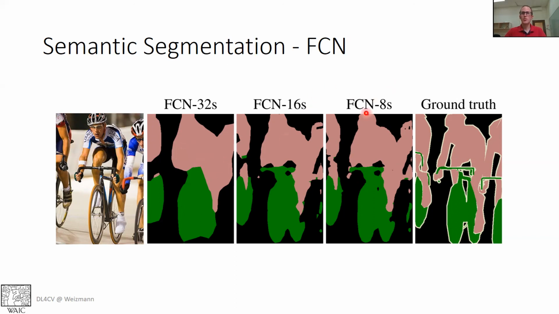So if you eliminate some of the pooling, some of the strides in the network, and you end up with only 8 times stride, you don't really need to upscale by 32, only by a factor of 8. Then you see that you can get many of the details compared to the ground truth annotation for this image.